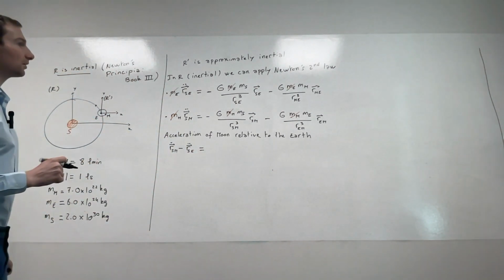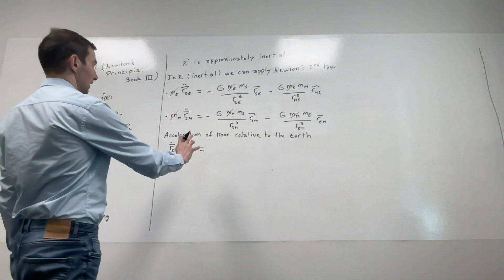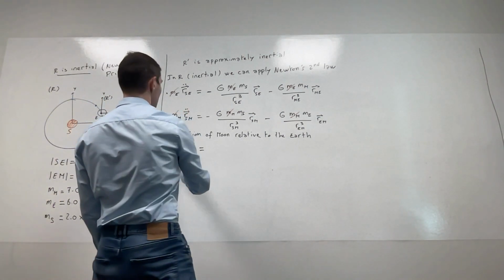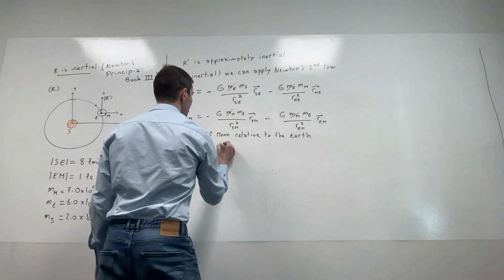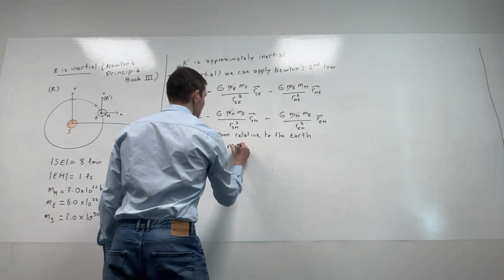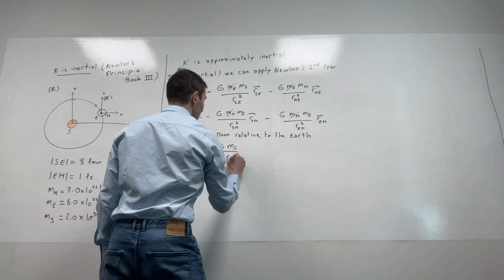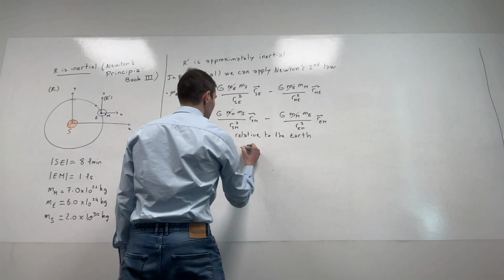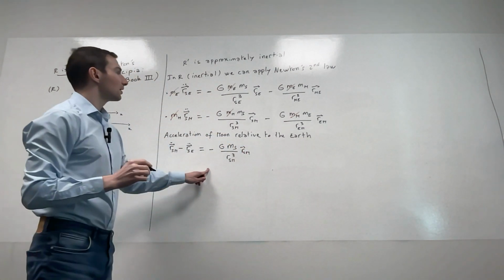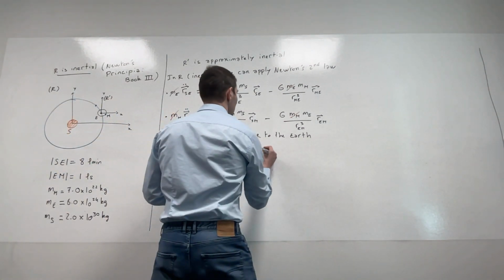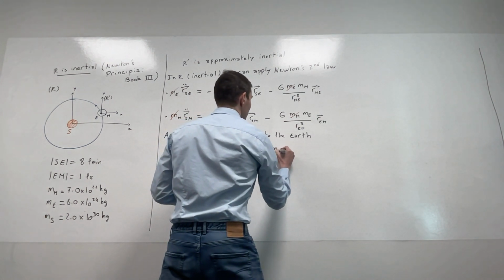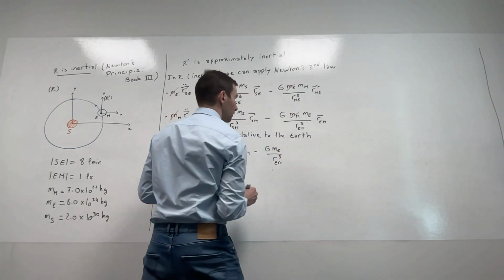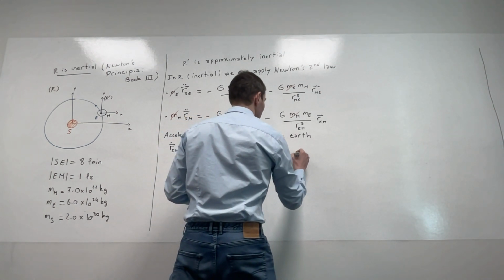So what I'm going to get is, I start with SM, so that's here. So I've got minus G M_S divided by R_SM cubed, and then R_SM. Then I've got this term as well, so minus G, then M_E divided by R_EM cubed, and then R_EM.